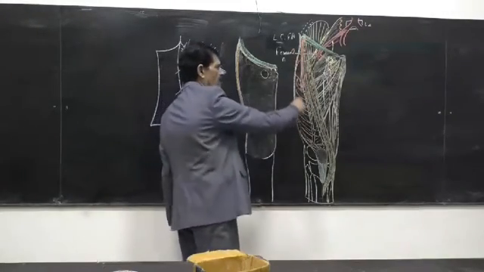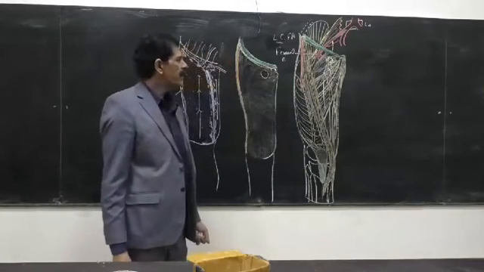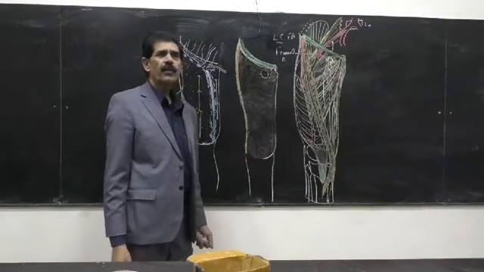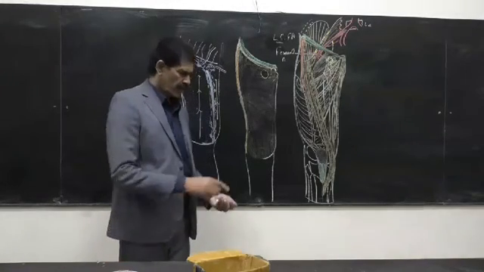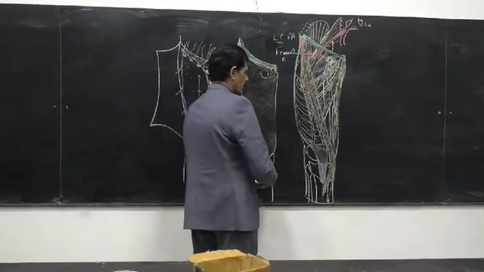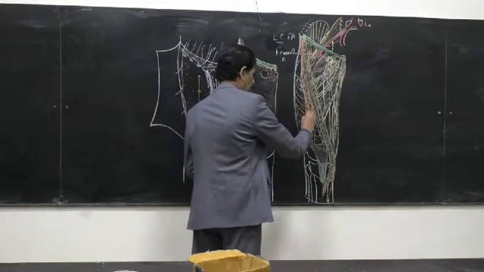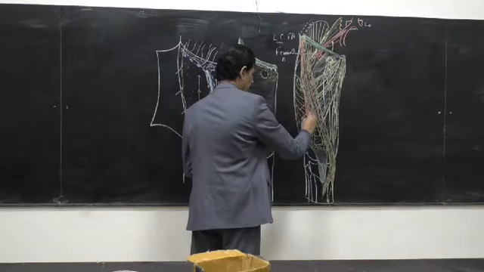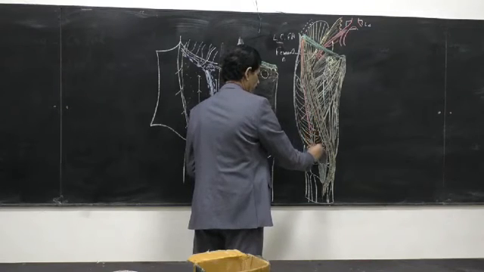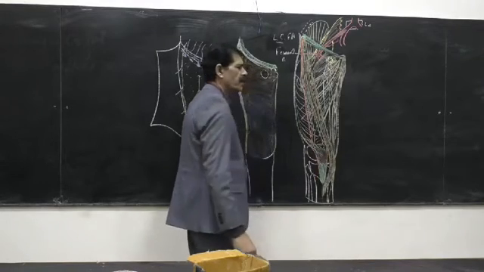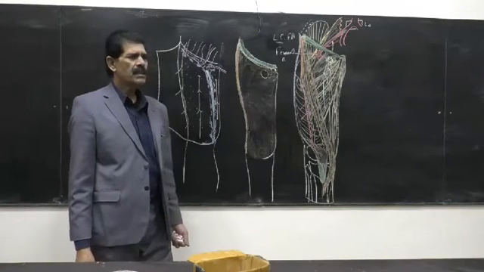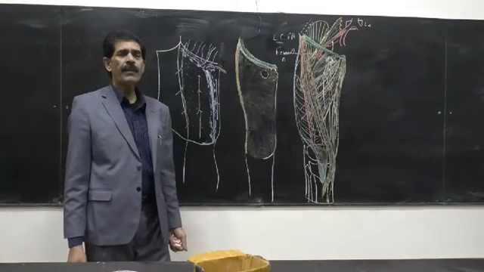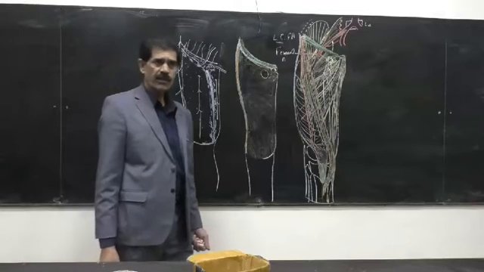The descending branch descends into the quadriceps femoris muscle and supplies it, and then it reaches down up to the patella. In the patella, it anastomoses with another artery's branches to form the prepatellar arterial anastomosis.